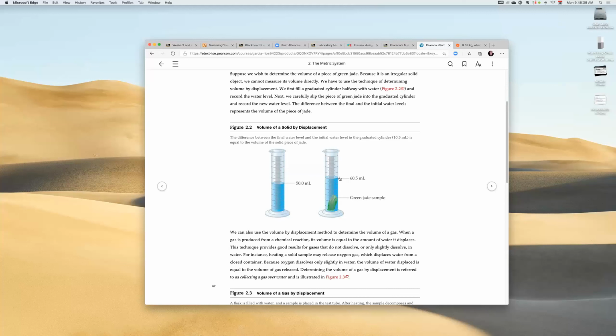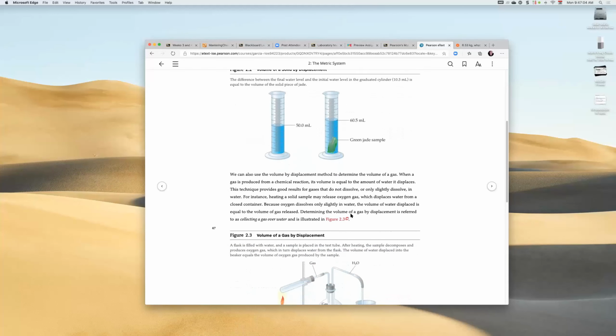So here we have a new volume after we put the stone inside the cylinder of 60.5. You see the difference? That difference is the volume of the stone, and this is called volume by displacement. So 60.5 minus 50 gives you 10.5. The volume of the stone then is 10.5 milliliters.